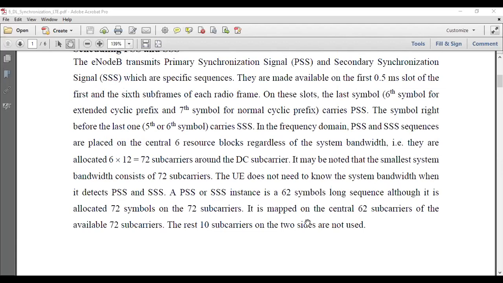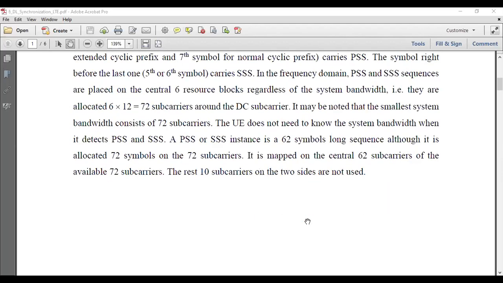This is a location around the center of your whole frequency bandwidth. You may have 20 megahertz. In 20 megahertz, you have 100 resource blocks, that is 1200 subcarriers for transmission. For PSS and SSS, you take the central 6 resource blocks.